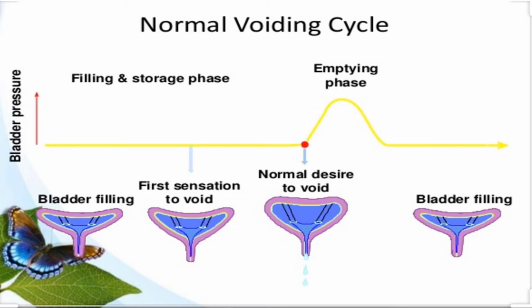This diagram shows us the normal voiding cycle. When the bladder is full, there is a first sensation to void at 150 cc, and then when the time and place are appropriate, there will be a normal desire to void, and then it will be emptied and filled again.